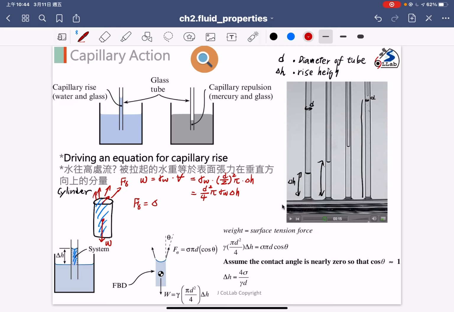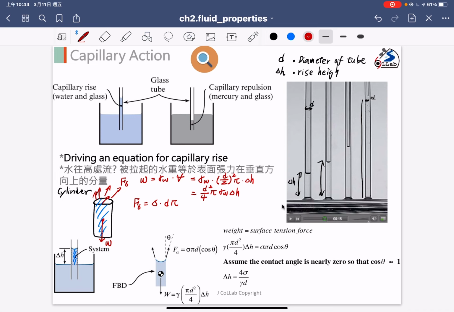Here the interface boundary is the circle length, which is equal to the diameter times pi. So sigma multiplied by d pi is the surface tension force.